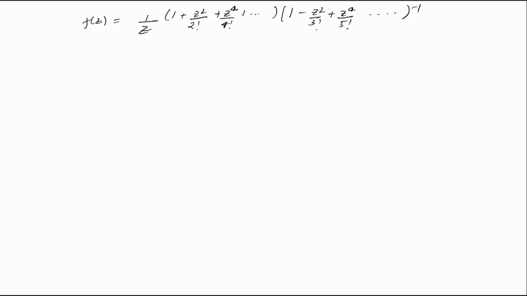Now you keep this as it is and you do the binomial expansion of this thing. You'll get some higher order terms. You're not interested in higher order terms. Now you have simplified this function as much as you can.